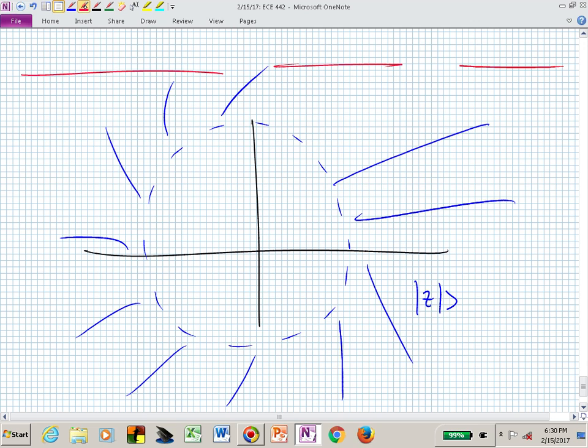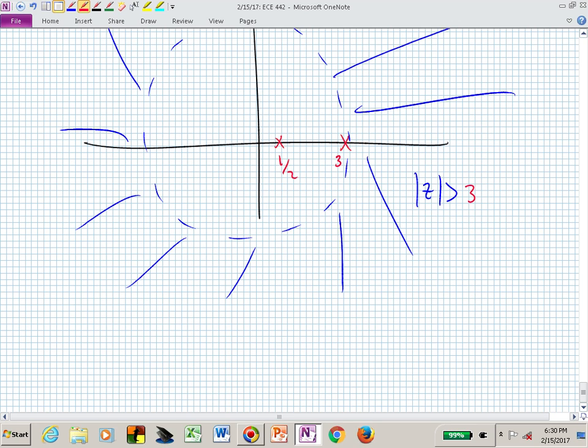Let's put a pole at 3 and another pole at 1/2. So those singularities are the same as before. And now I have the absolute value of z bigger than 3. I have an unbounded region of convergence.